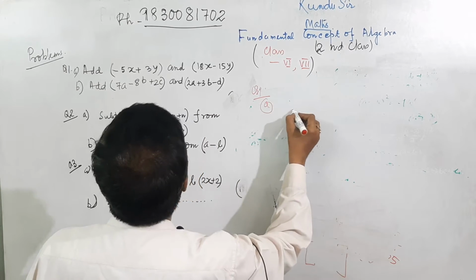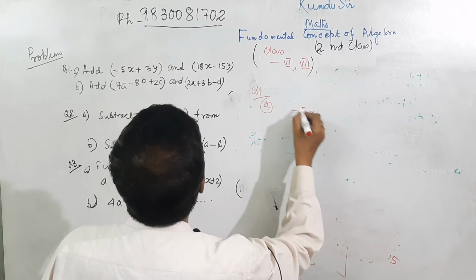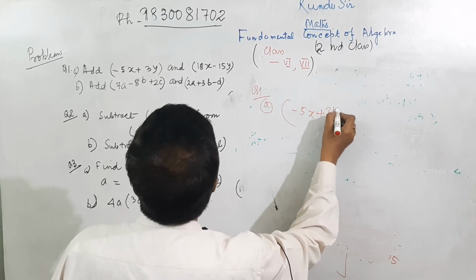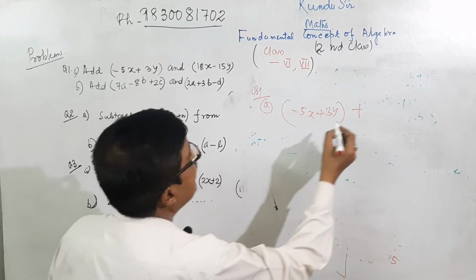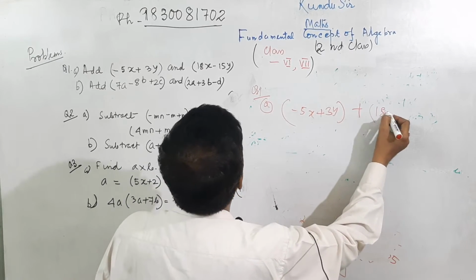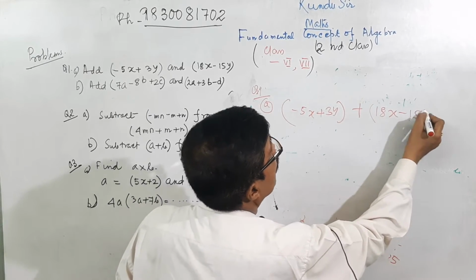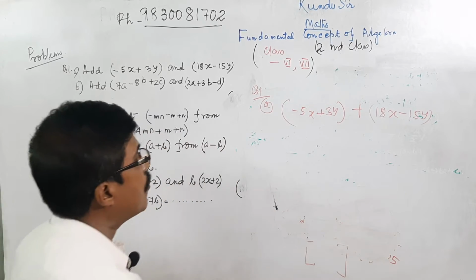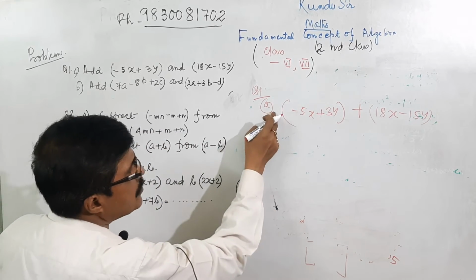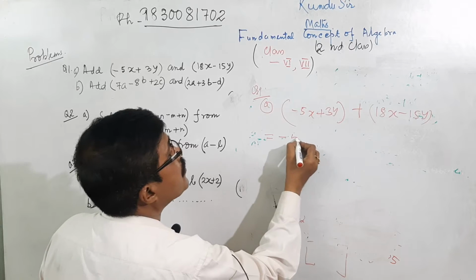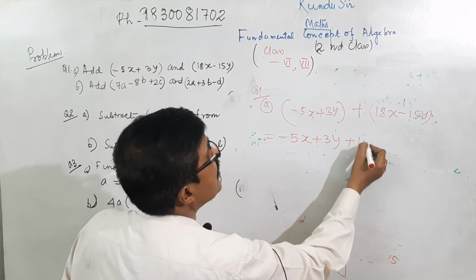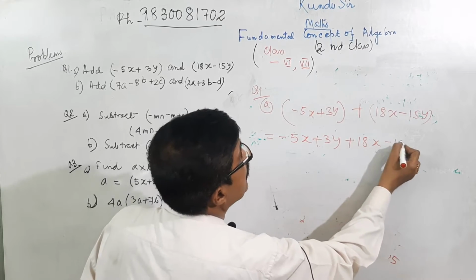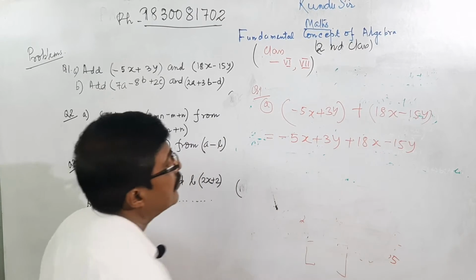Addition: (minus 5x plus 3y) plus (18x minus 15y). Addition means plus, so in brackets it is minus 5x plus 3y plus 18x minus 15y, I am writing.